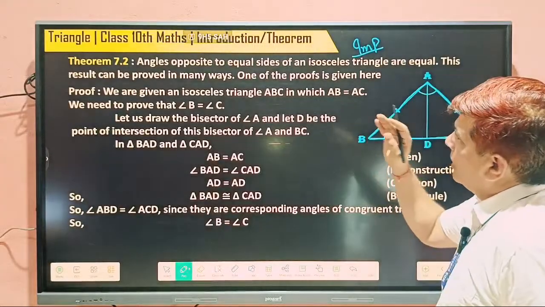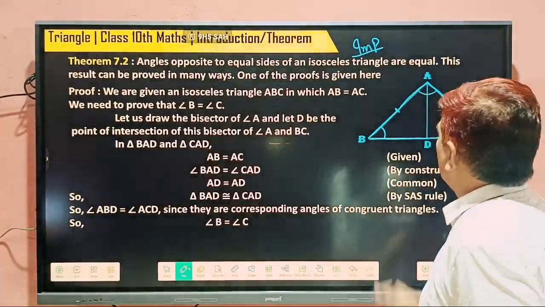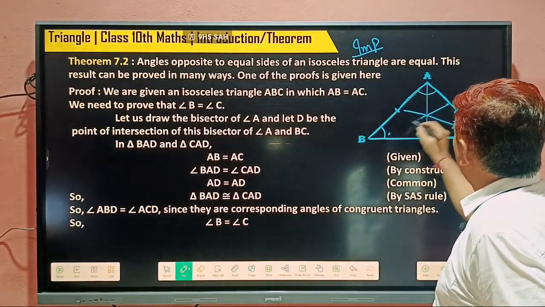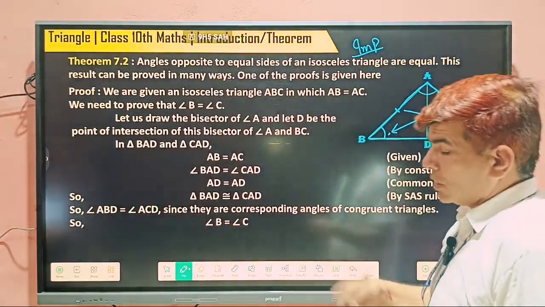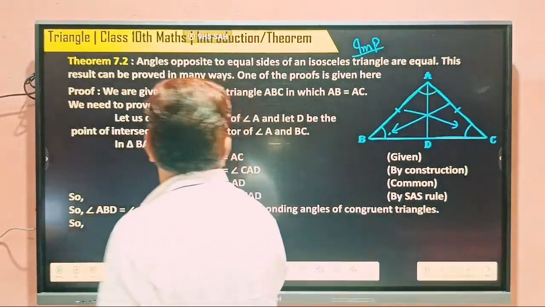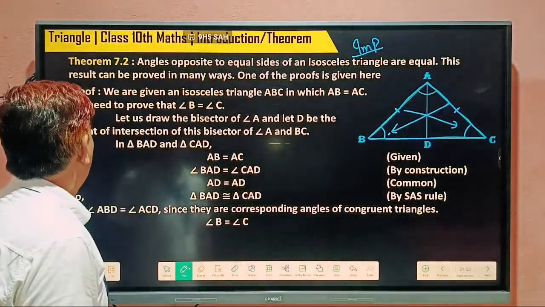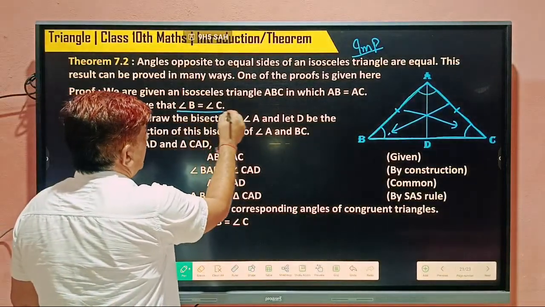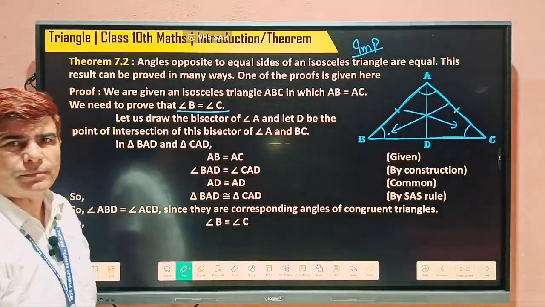Angles opposite to the equal sides of an isosceles triangle are equal. Its opposite angle is this, its opposite angle is this. What we have to prove? We have to prove angle B equal to angle C.